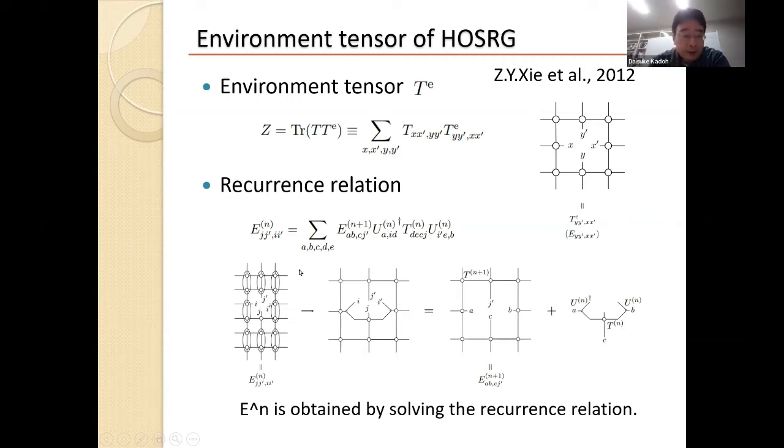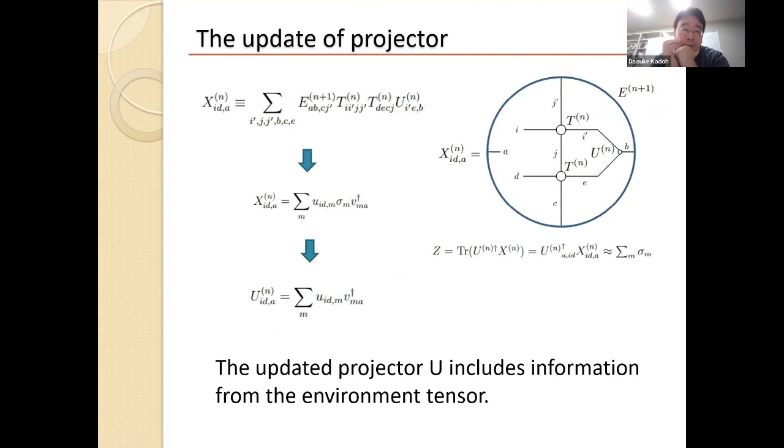So we found this recurrence relation from this figure. En is obtained by solving this recurrence relation. And once En is obtained, the isometry can be updated using the environmental tensors.